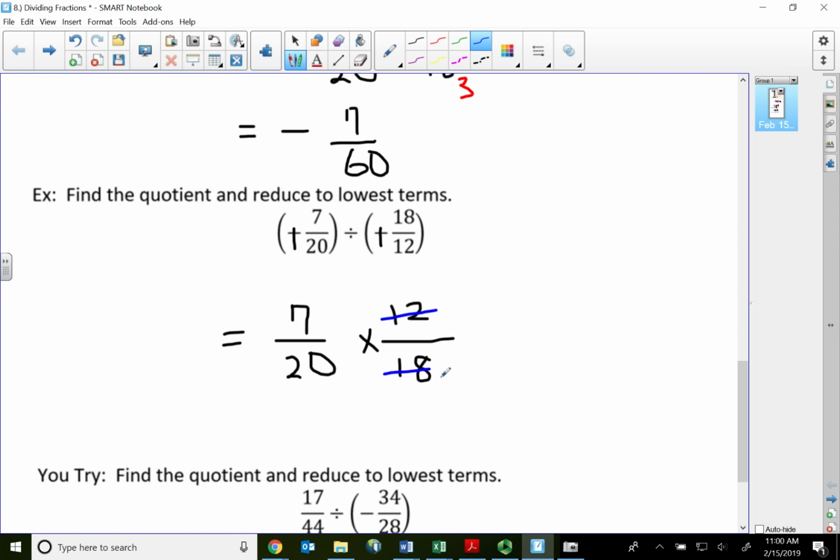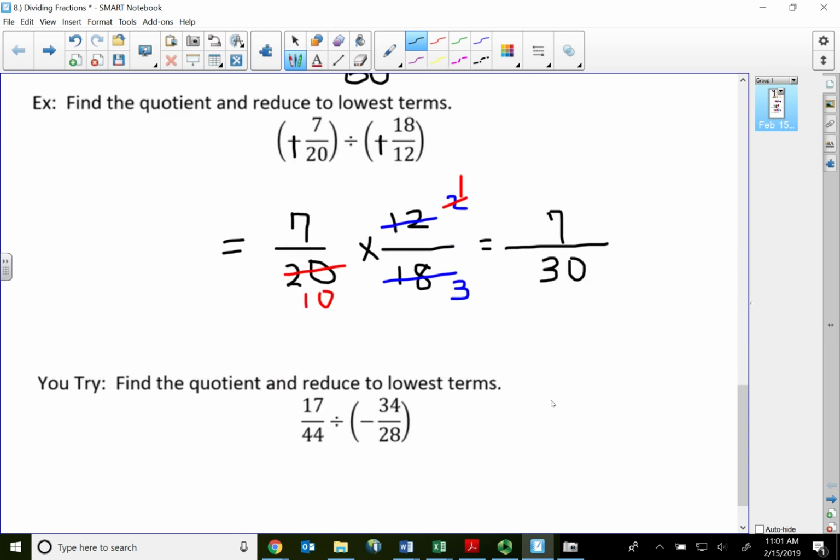I'm going to do 12 and 18, top and bottom, by 6. 6 going into 12, 2 times. 6 going into 18, 3 times. The 2 I just wrote on top can now reduce with the 20 in the bottom by 2. 2 going into 2, 1 time. 2 going into 20, 10 times. So 10 and 3 down here, 7 on top. There's nothing else I can reduce. So my answer is going to be positive 7 over 30.